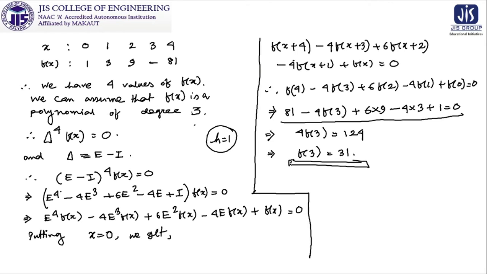So what we have used: how many values are known to us, depending on that the degree of the polynomial is decided. After that, forward difference operator on that degree, at what step it will be coming as 0, we have to write that one. Then I have used this relationship between shift operator and forward difference operator, and then expanding that one along with the value h equal to 1, we get this result.